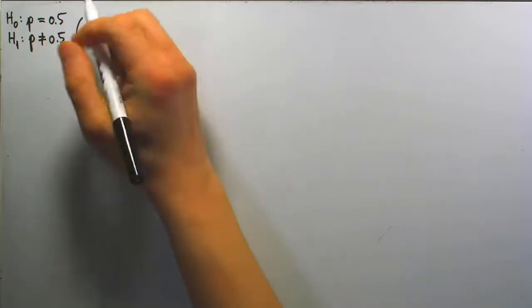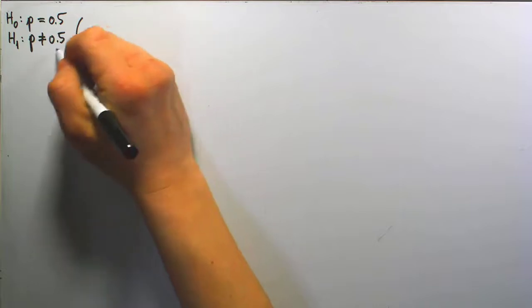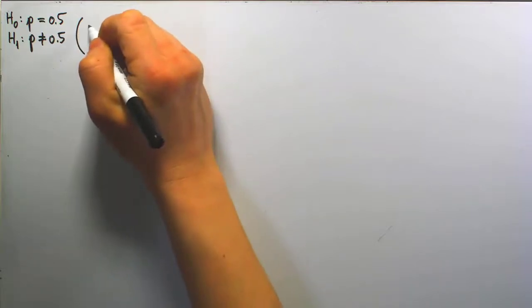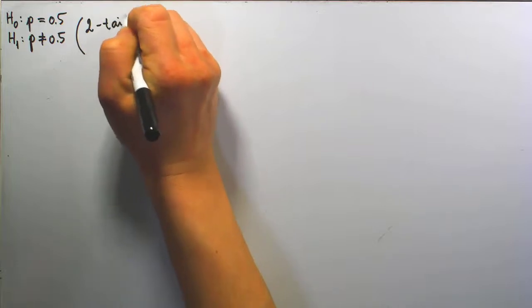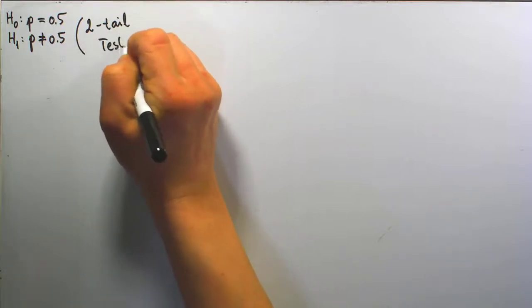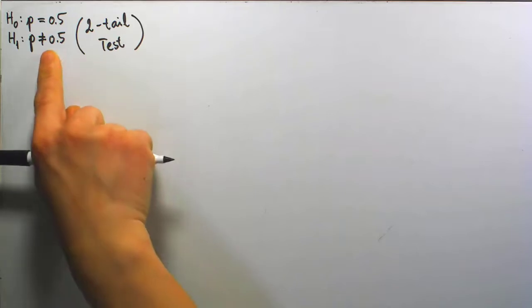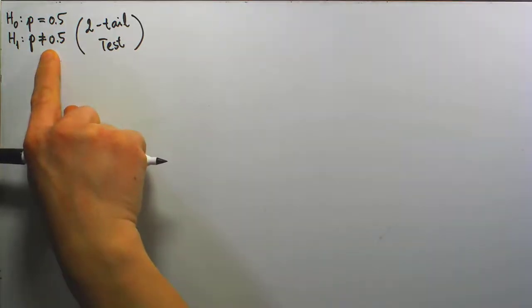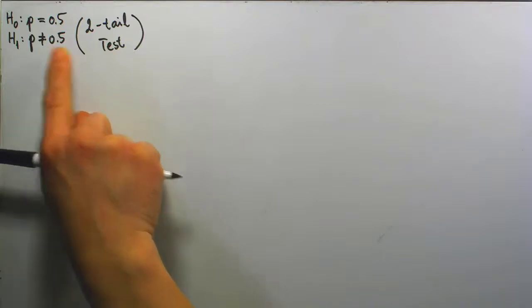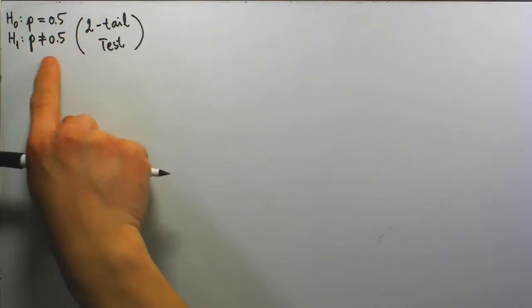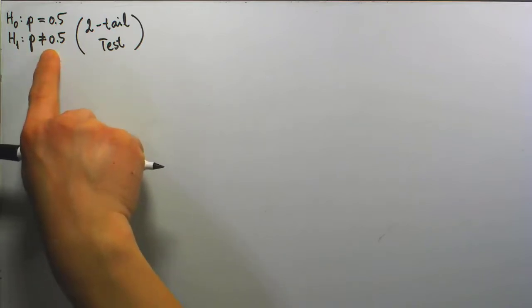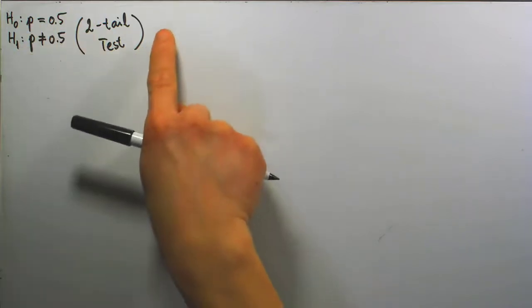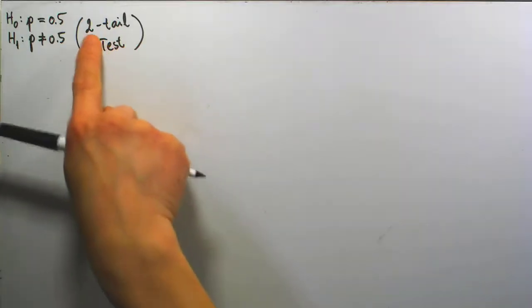And so this test we are about to perform is regarded as a two-tail test, because the inequality here is not only left tail, not only right tail, it could be either the left tail or the right tail. So generally, for alternative hypothesis statements with this inequality, we regard the test that we're about to use as a two-tail test.